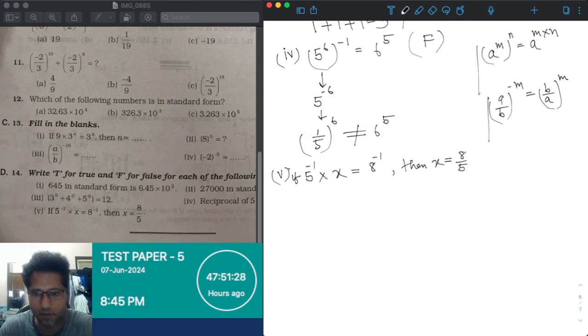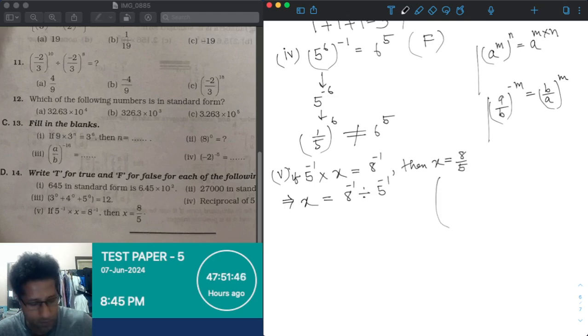From here we can say that x equals the reciprocal of 8 divided by the reciprocal of 5. How do we know that? From the concept that a multiplied by x equals b is given, where a and b are constants and x is unknown. From here we know that x equals b divided by a.